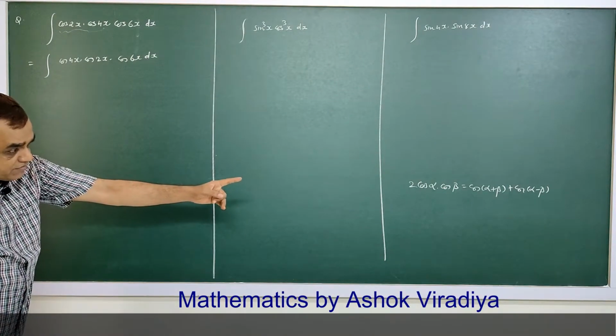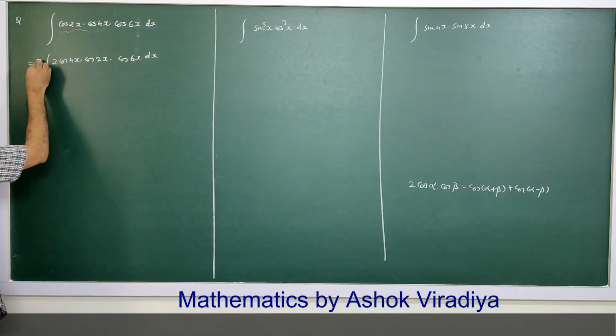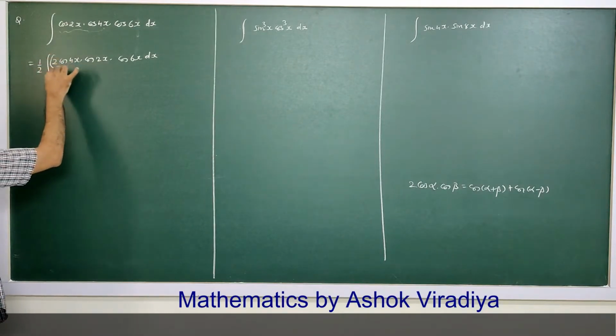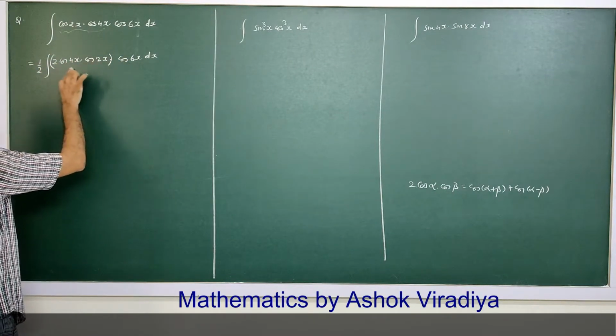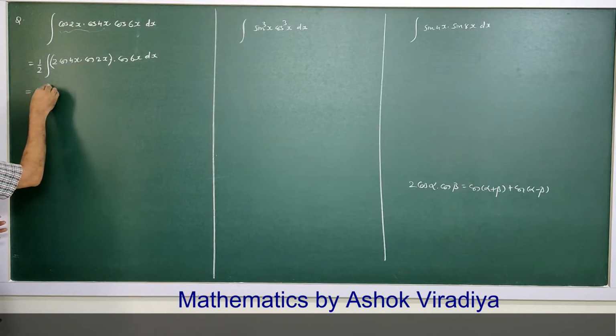Now to apply this formula we require 2. So multiply by 2, divide by 2. Now observe this, put bracket into cos 6x. So it is equal to 1 by 2.